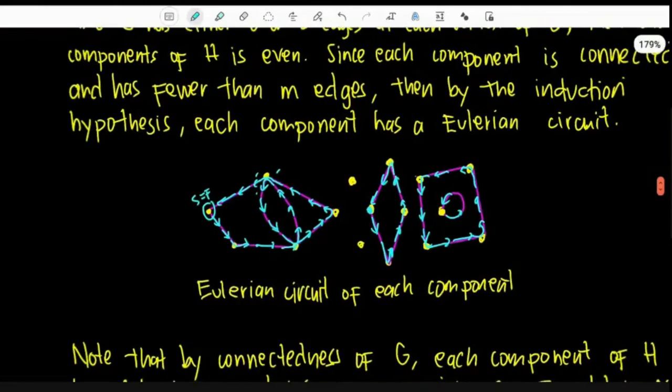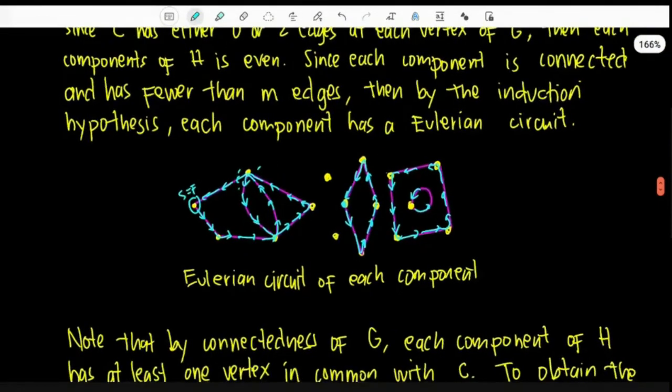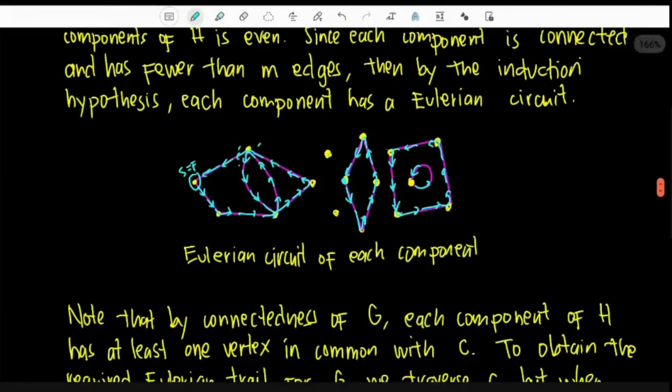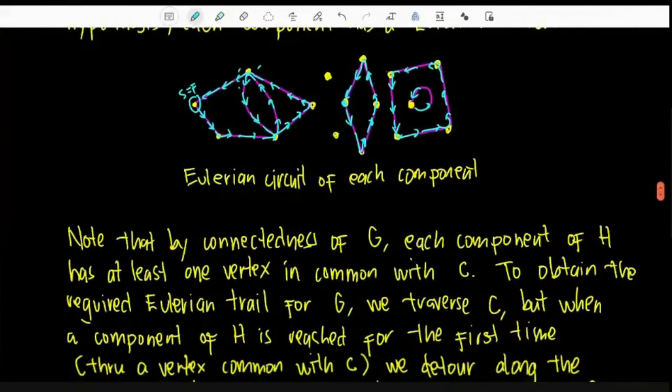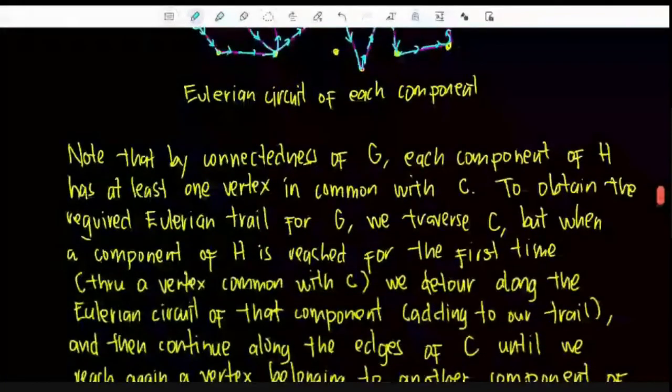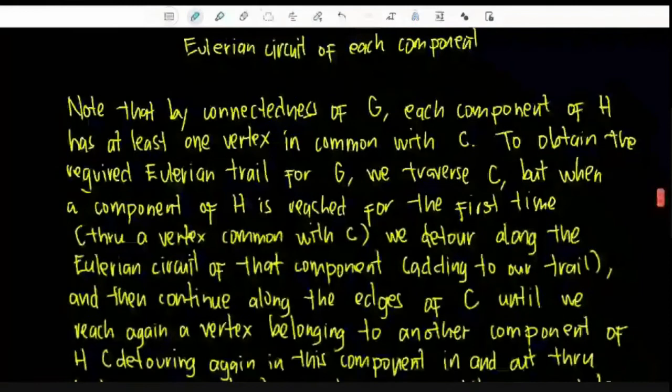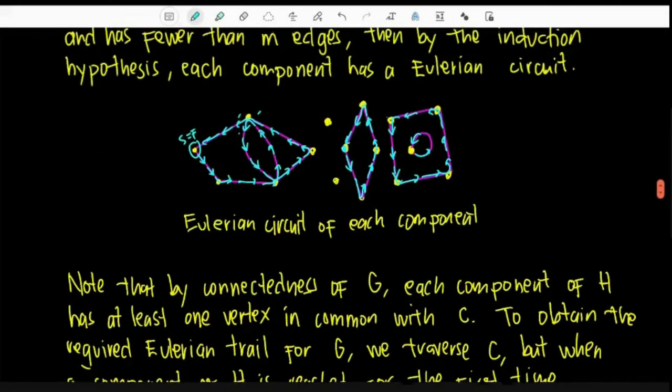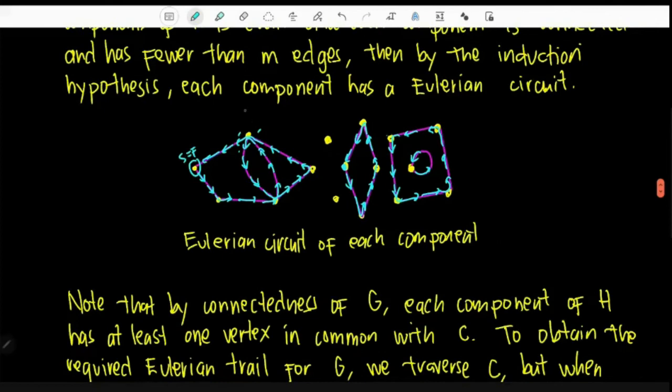Note that by connectedness of G, each component of H has at least one vertex in common with C. Right? For example, this first component here, meron siyang common with C, this point.